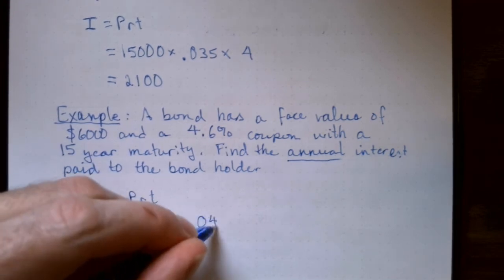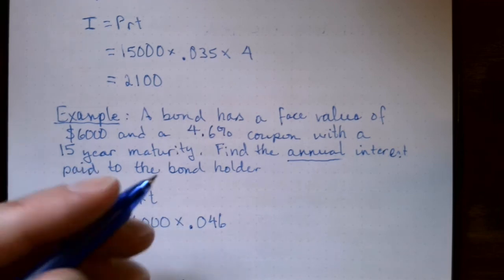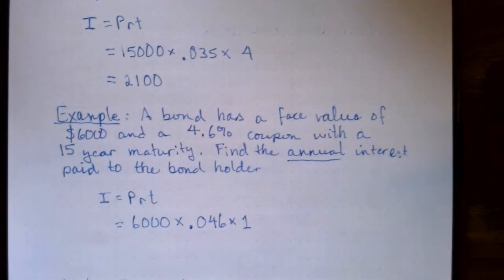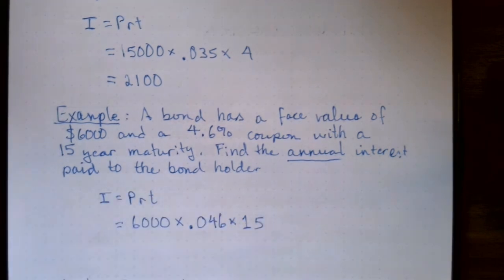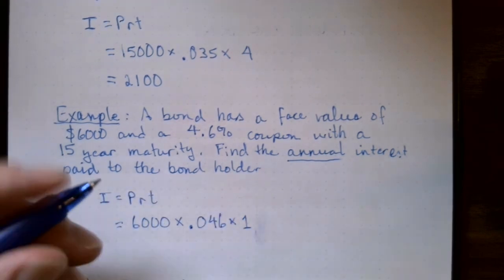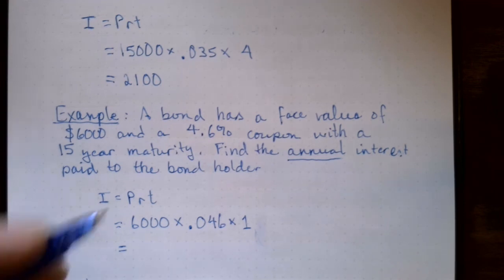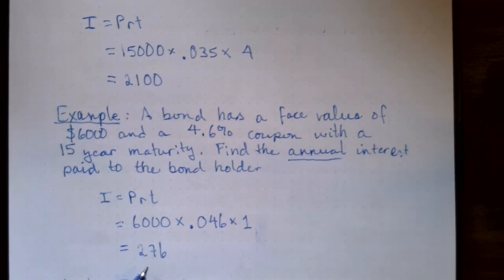The coupon or interest rate is 4.6%, which we convert to 0.046. This question asked us about annual interest rate, so it's 1 year. If we wanted total interest payments, then we would do the full length of the loan, but it's just annual interest, so we do 1 year. And then, of course, the 1 doesn't really matter, so we do 6,000 times 0.046 times 1 if you like, but that's not going to change anything. So you're getting $276 worth of interest for each year.